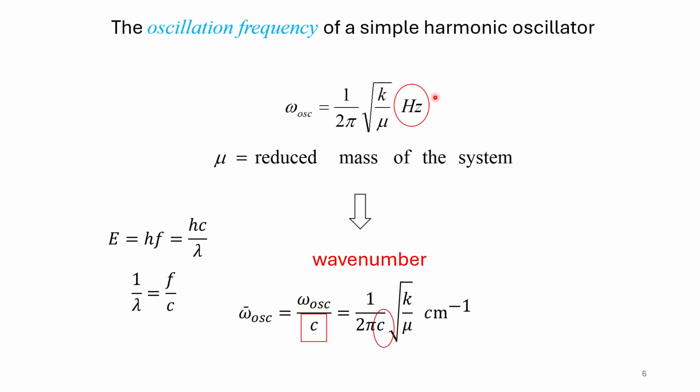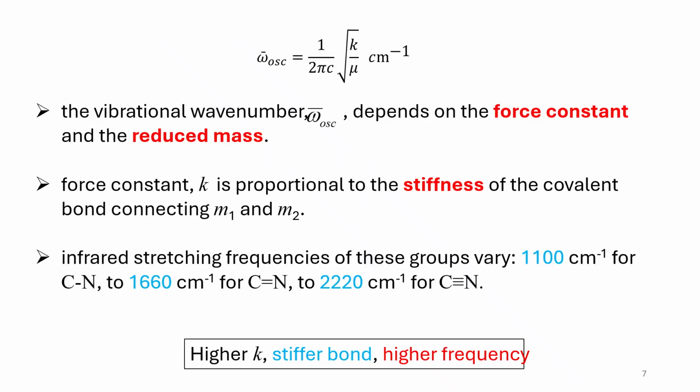So we have to convert the unit of hertz to wave number by dividing the vibrational frequency in units of hertz by the speed of light. Therefore, the vibrational wave number for a molecule with two atoms is equal to 1 over 2πc square root of k over μ. The μ is the reduced mass and the k is the force constant.